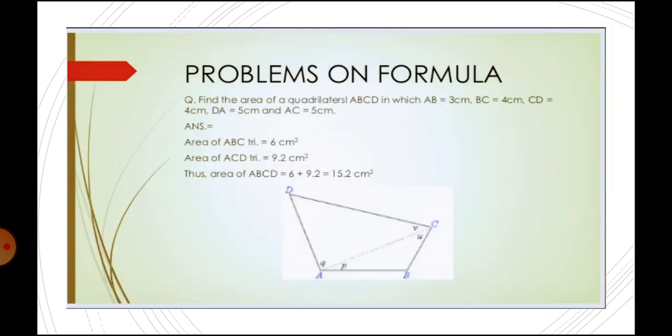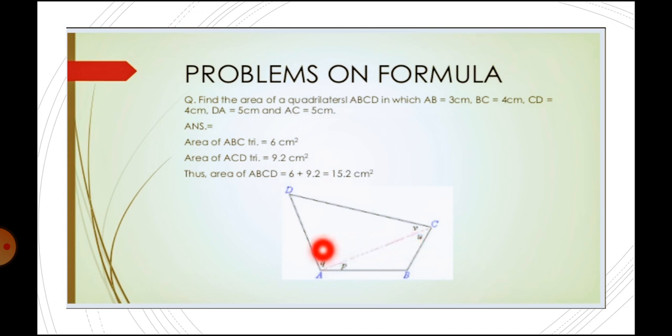Now let us take another example. Find the area of quadrilateral ABCD in which AB is equal to 3 cm, BC 4 cm, CD is equal to 4 cm, DA 5 cm, AC 5 cm. This one. Area of triangle ABC. We can easily find out the area of triangle ABC by Heron's formula.